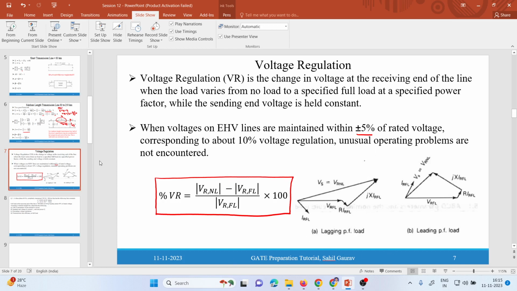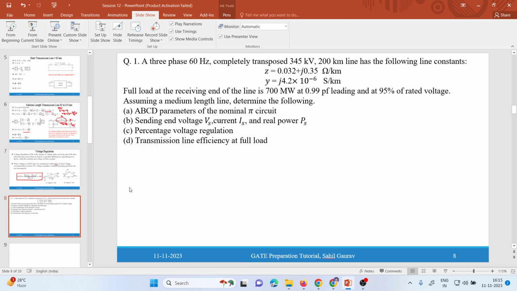Now, based on this modeling and voltage regulation, we will solve one problem. The first problem is: a three-phase 60 Hz completely transposed 345 kV 200 kilometer line has the following line constants, where Z is 0.032 plus j0.35 ohm per kilometer and Y is j4.2 times 10 to the power minus 6 Siemens per kilometer.